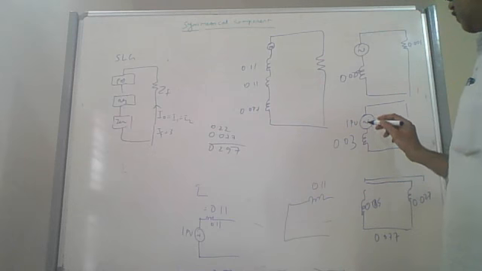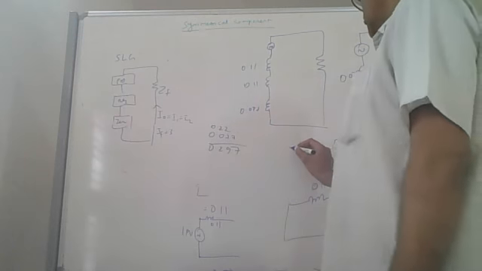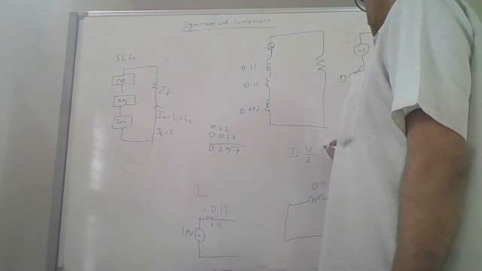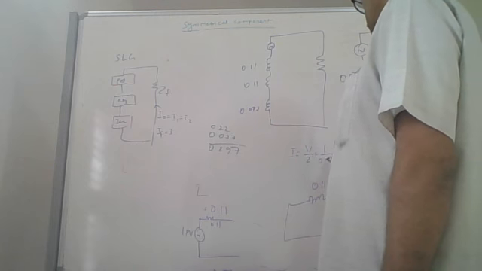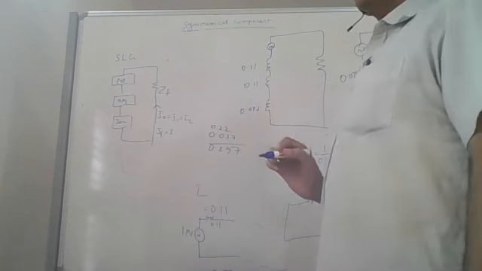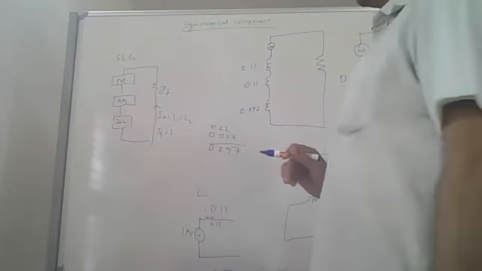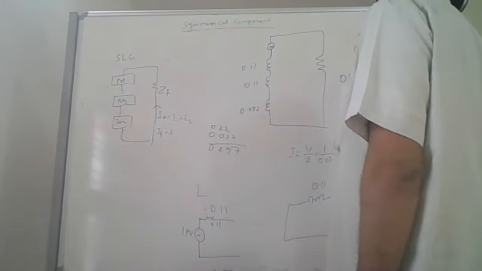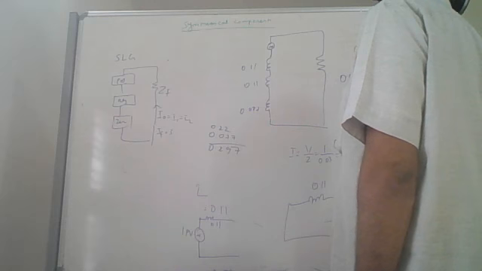So now, what is I? It is V by Z. V is 1 per unit and Z is 0.03. 1 by 0.03 is how much? 30. So the current will be 30 times the base current.